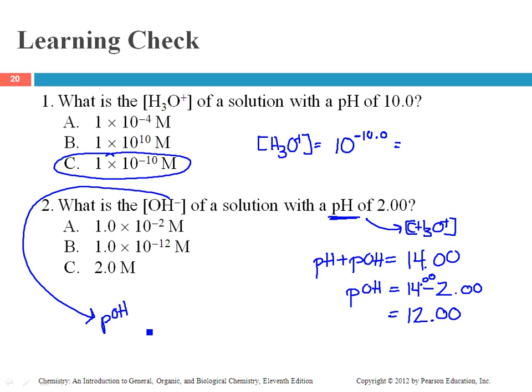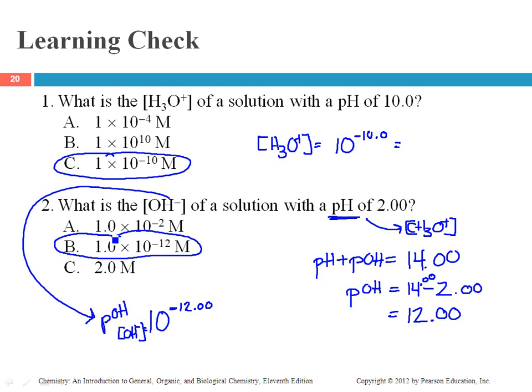We're finding the hydroxide concentration, so we take 10 to the power of negative 12. If we do second function log, parenthesis, if you have to put that in, negative 12, we get 1.0 times 10 to the negative 12.